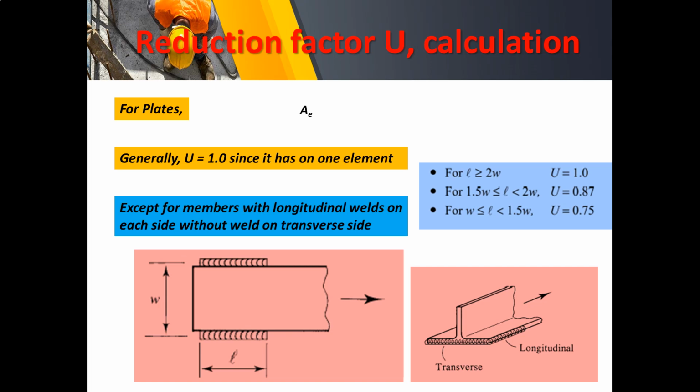So the effective area here is the net area multiplied by U. In this case, we are dealing with plates, so generally U will be equal to 1 since it has only one element. So the effective area is equal to AN because we are dealing with a plate.